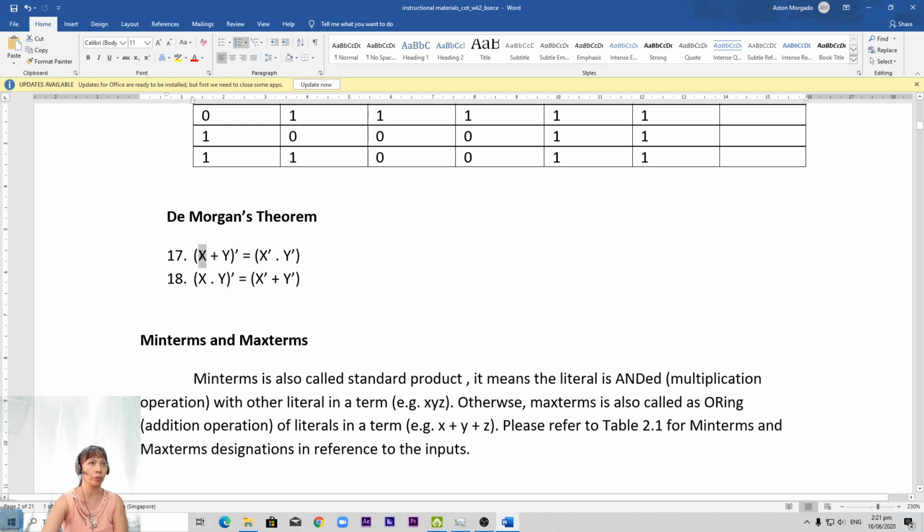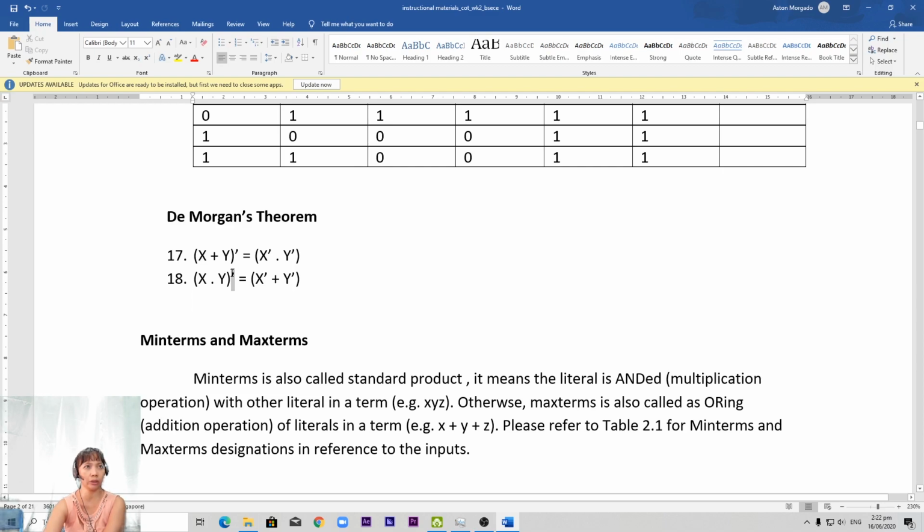Take note there's no prime here before, but when you put the prime inside the parentheses, the variables become primed, x prime, y prime. But you have to change the operator from plus to multiply. So that's why the operator is changed from plus to dot. Dot means multiply.